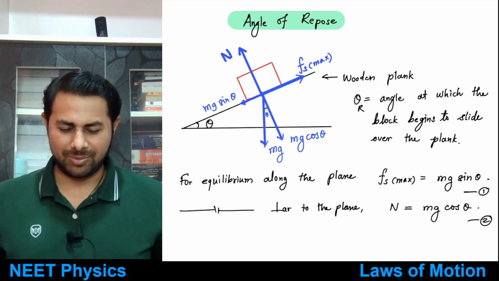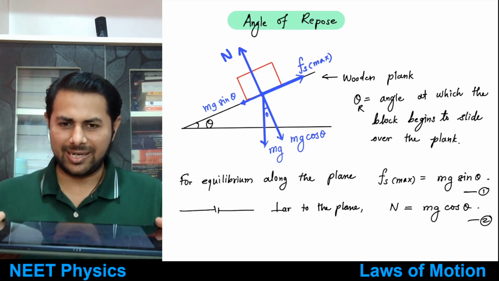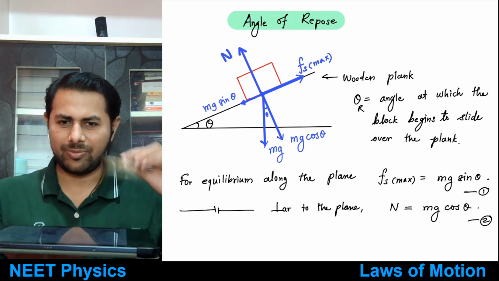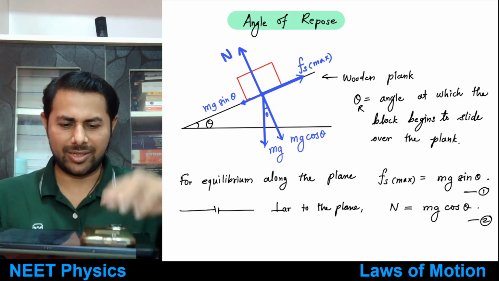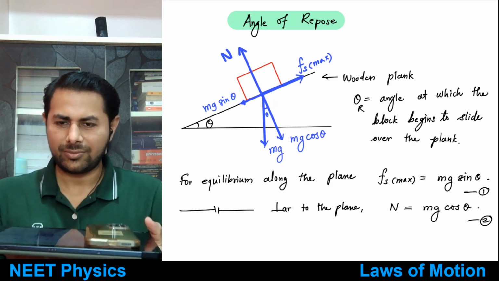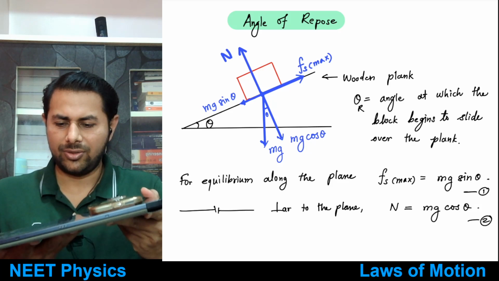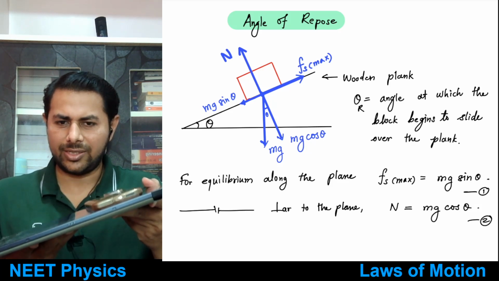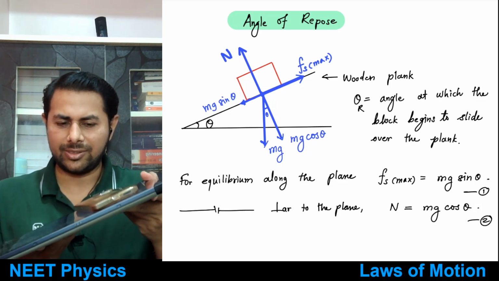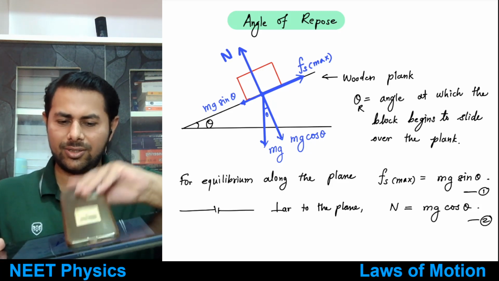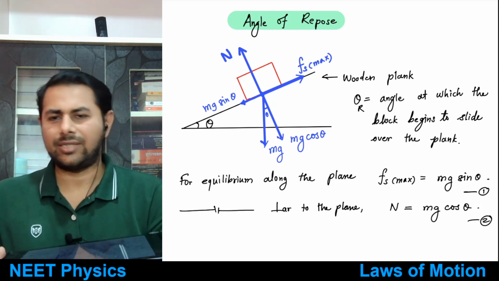So you take this plank and you keep some body on top of that. I'm keeping my phone, and then you slide it like this. You increase this angle, you increase it to some angle. What happens? You can see that it is sliding, right? That angle is known as the angle of repose.